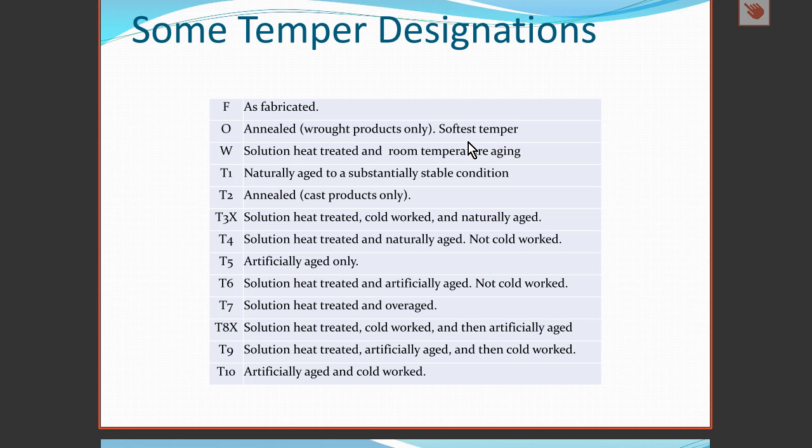This is the softest temper, so you may want to use O material if you're going to be doing some forming operations. Here are some temper designations. For instance, T4 is solution heat treated and naturally aged, and not cold worked after that. Cold worked alloys have some numbers after the first two, or the T and the first digit, that indicates the amount of cold working.